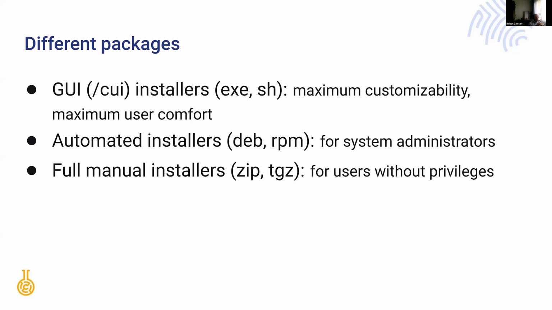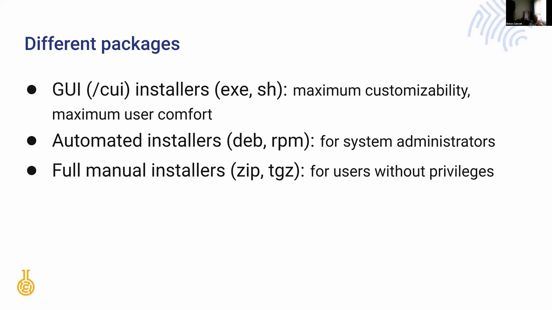So now some words for the administrators. We have several packages of the same application. We have a UI installer for maximum convenience, where you can just click through a next, okay installer and select which components you want to install.